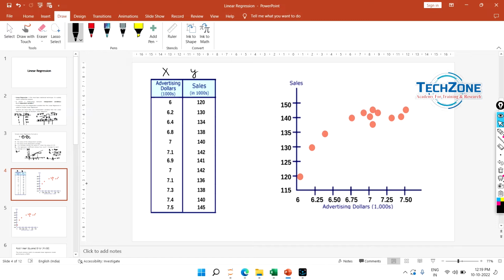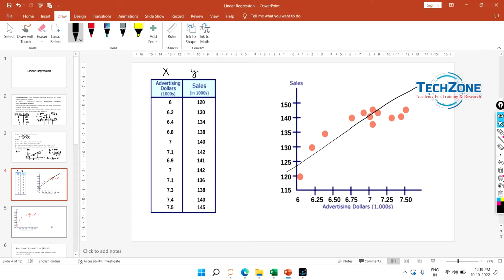Now when we are building a simple linear regression model, it will draw a straight line which best fits these data points, maybe like this. What is best fit?